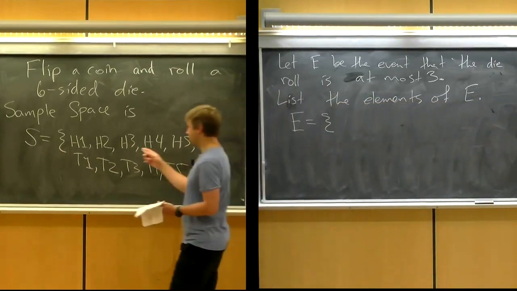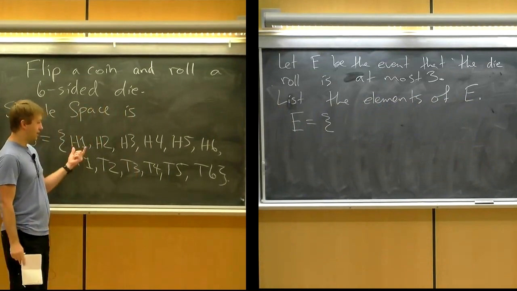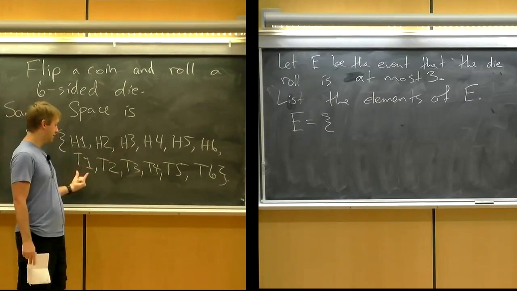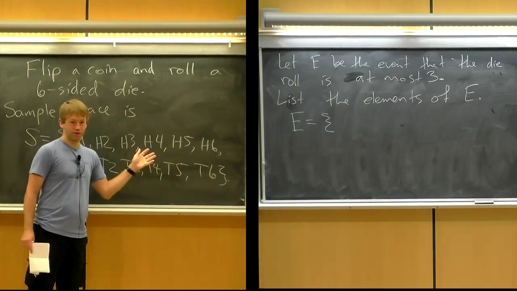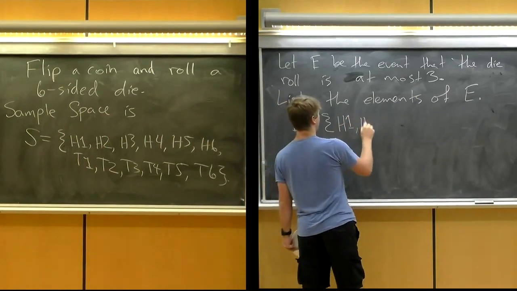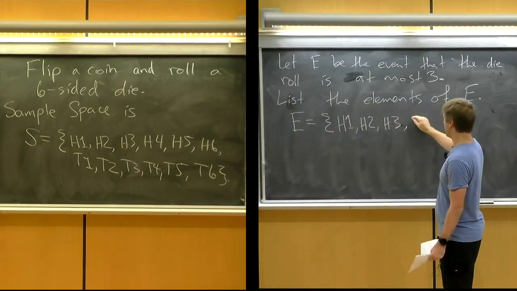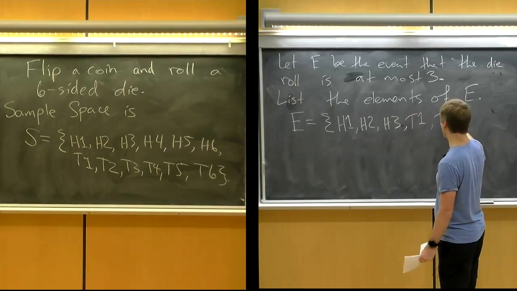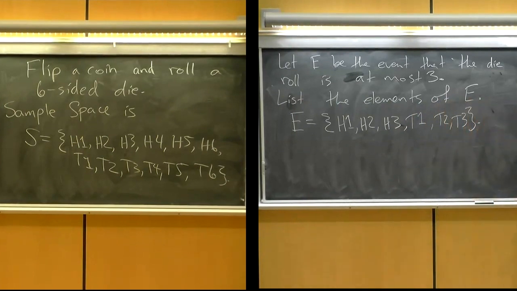Remember, E is supposed to be a subset of the sample space, and it's the event that the die rolls at most 3, so it'd be H1, H2, H3, T1, T2, and T3, but not any of those other outcomes.